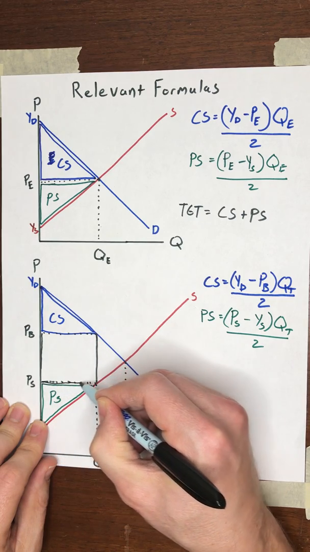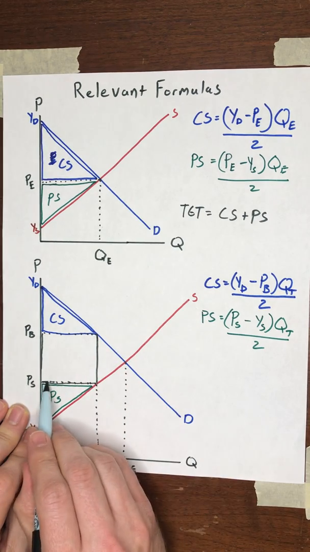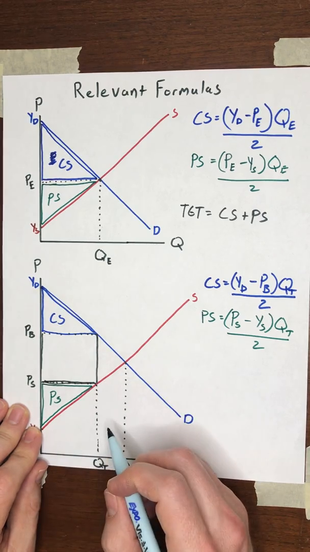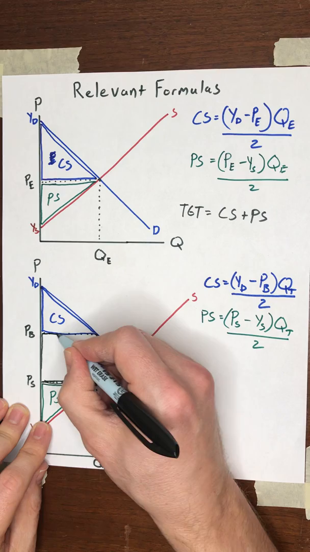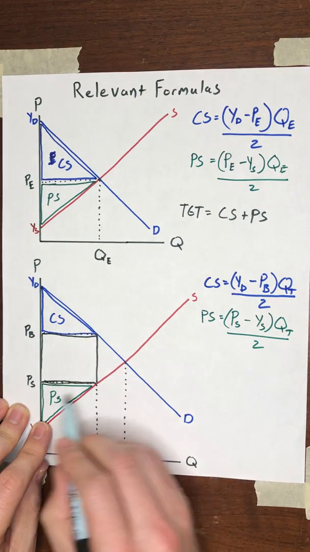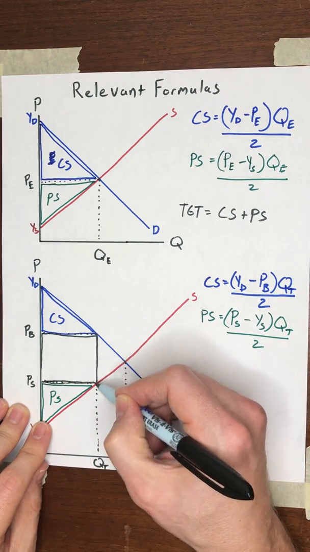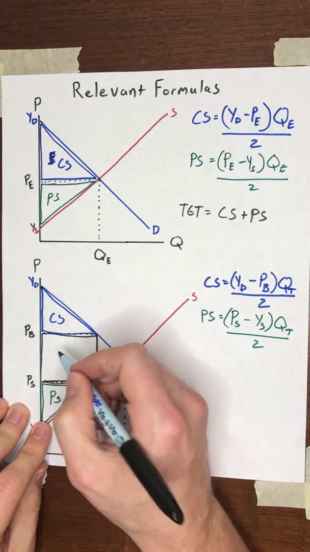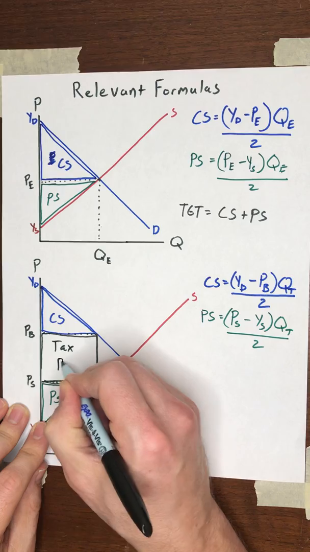And QT, this line here, that represents how many units are trading now that we've imposed that tax. So there are QT trades. We multiply that by the tax per unit, and that's going to give us the tax revenues.